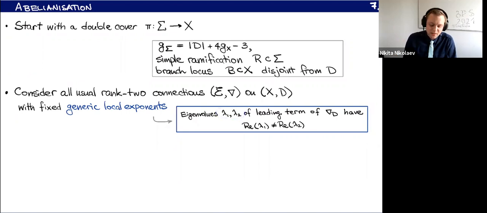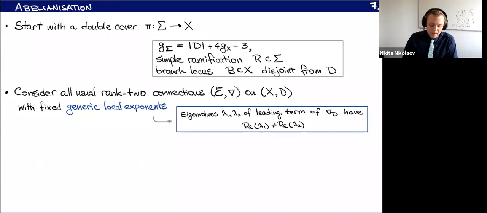Technically speaking, these eigenvalues are not numbers, they're symmetric powers of tangent vectors. But anyway, we don't have to go in that direction. You look at those eigenvalues and you impose the assumption that the real parts are distinct. That's what it means to be generic.